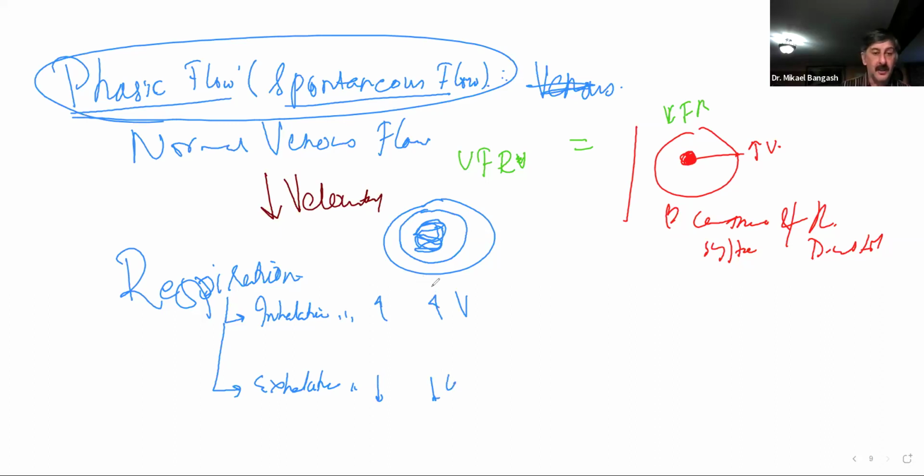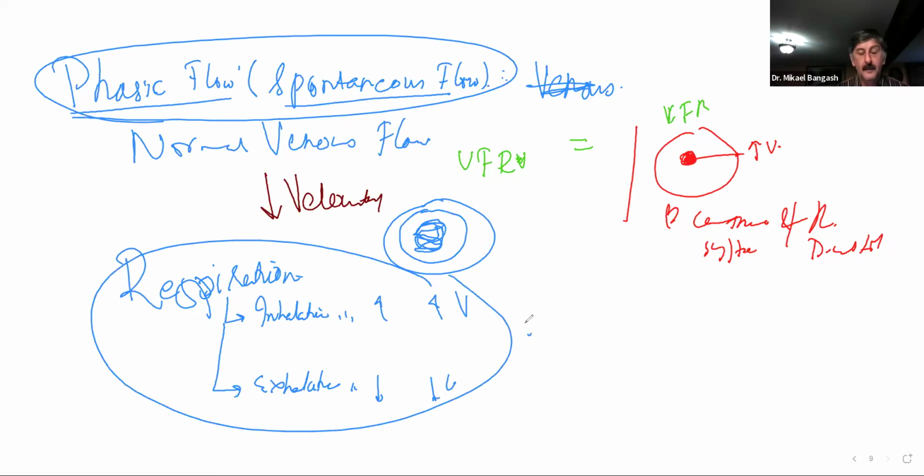We will talk about these probably towards the end of the chapter. But for now, just remember this much, guys. Phasic flow, also known as spontaneous flow, is the normal type of flow seen in the veins.